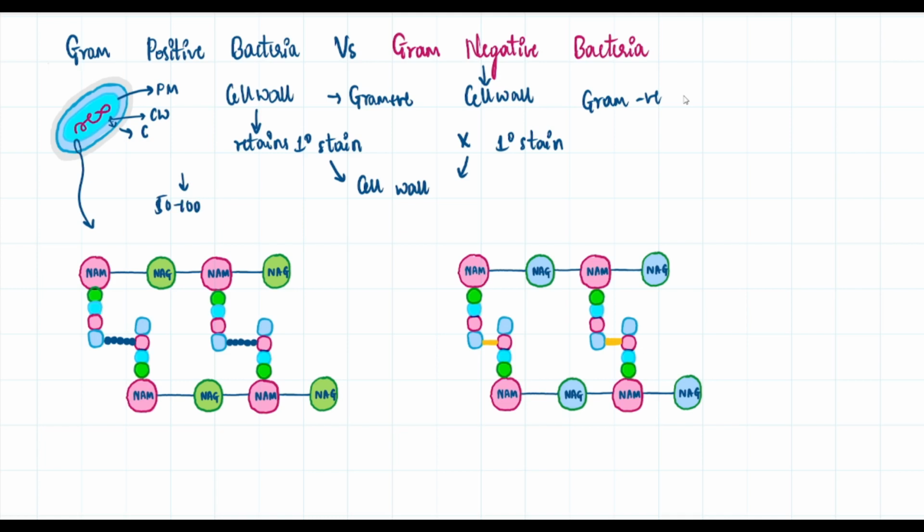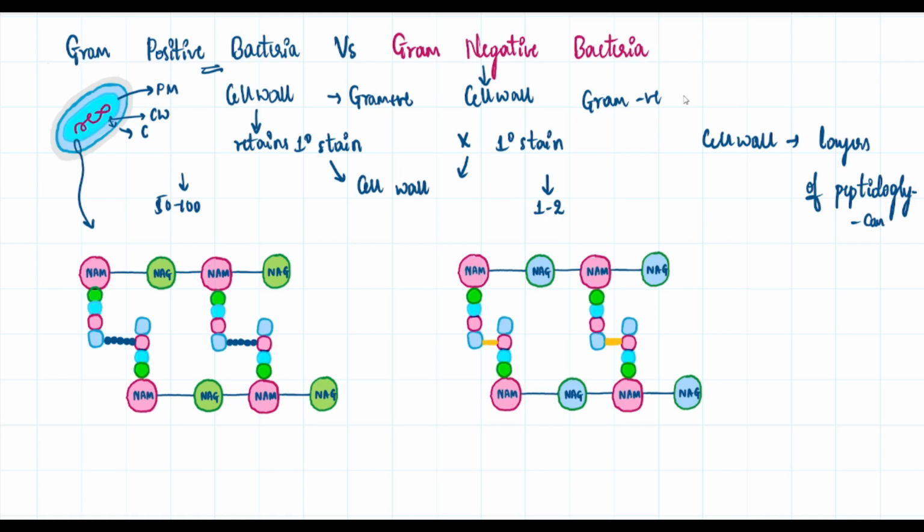You know, the cell wall is nothing but a compilation of layers of peptidoglycan. And those layers are about 50 to 100 in number in gram-positive bacteria. But in gram-negative bacteria, the peptidoglycan layers are about 1 to 2 only.